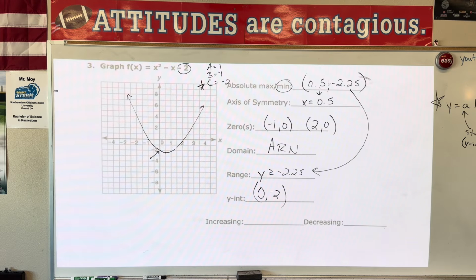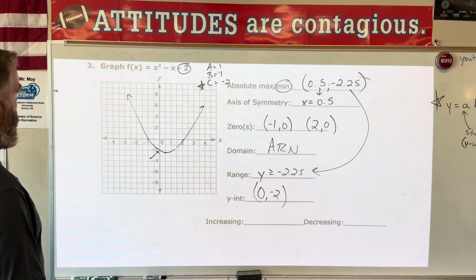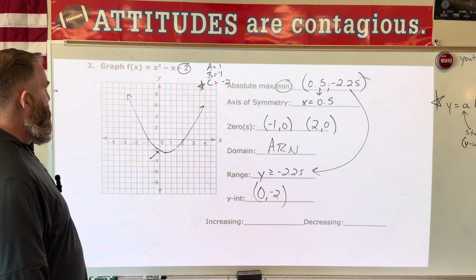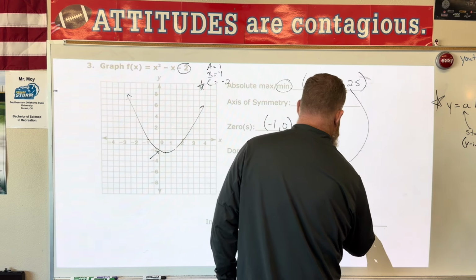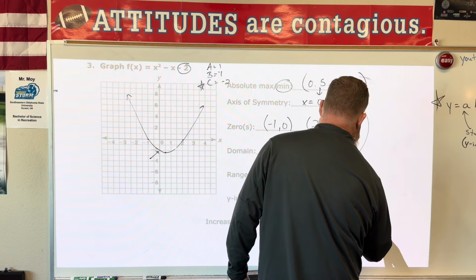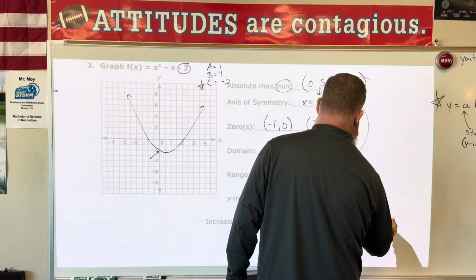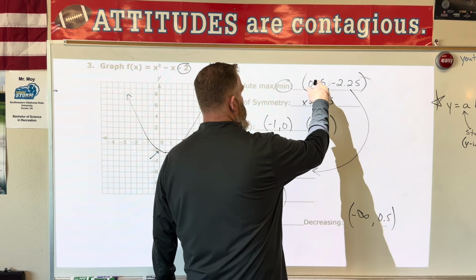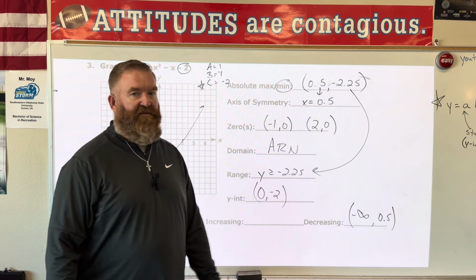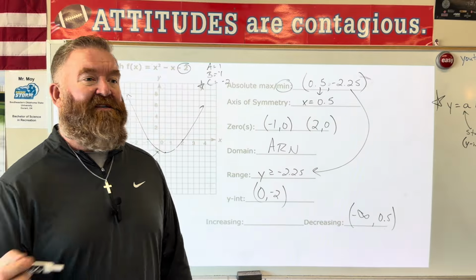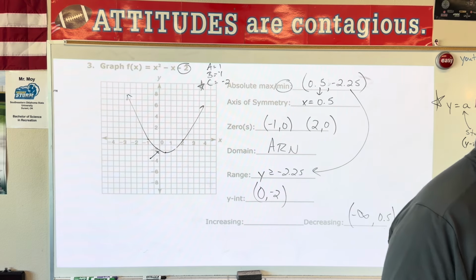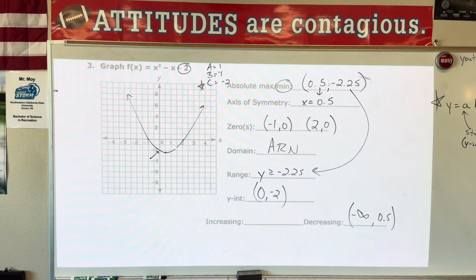Now, what's first? Is it increasing or decreasing? Decreasing. So what did you put? Negative infinity to 0.5. Good. Use the x number, not the y. How do I tell you to read a graph? Left to right, which is what letter?